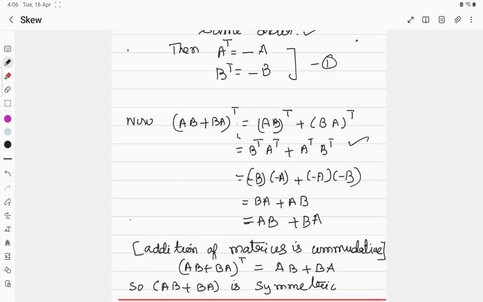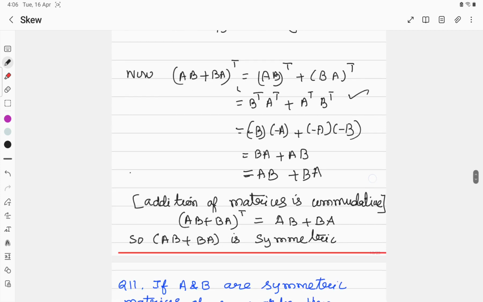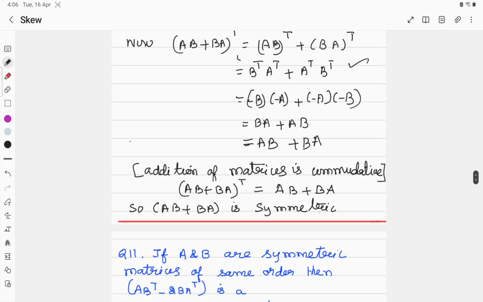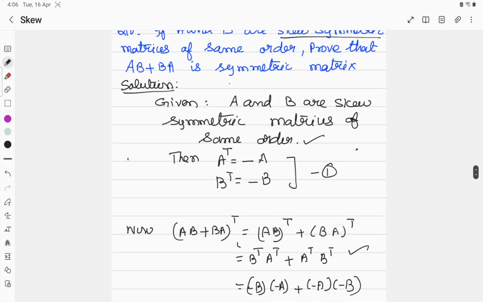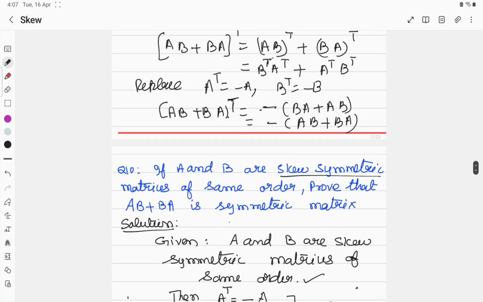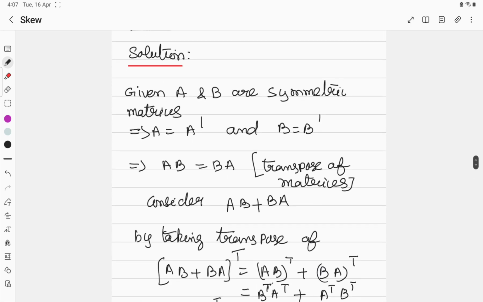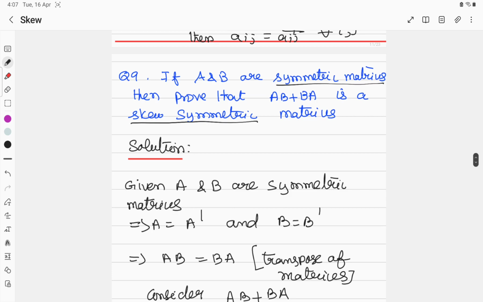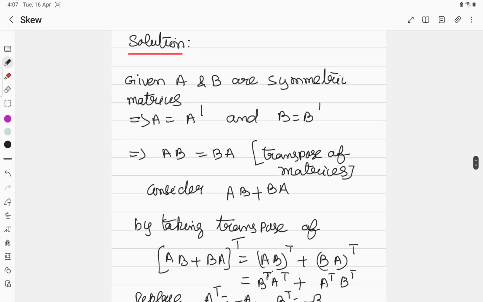Then (AB plus BA) transpose is equal to AB plus BA. Addition of matrices is commutative. AB plus BA is a symmetric matrix when A and B are skew symmetric matrices. In the same way, when A and B are symmetric matrices, AB plus BA is a skew symmetric matrix.